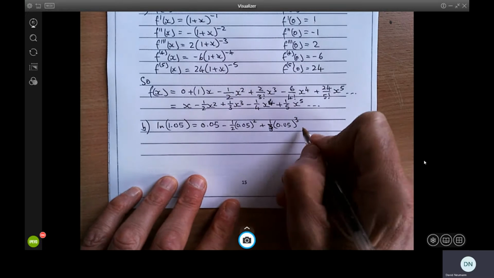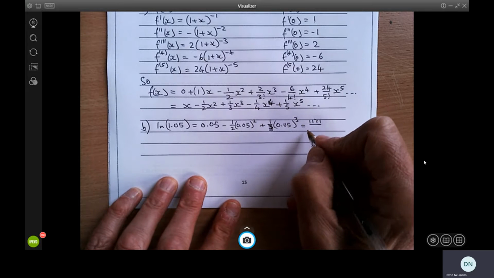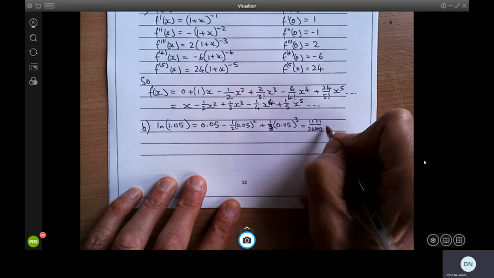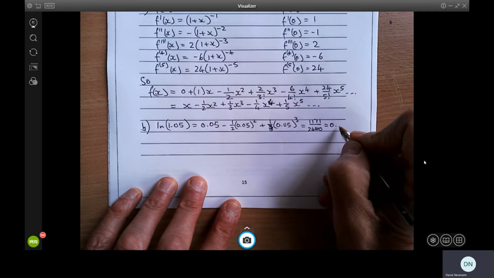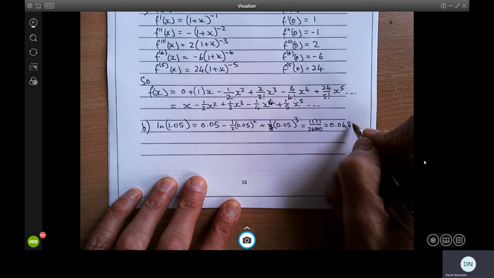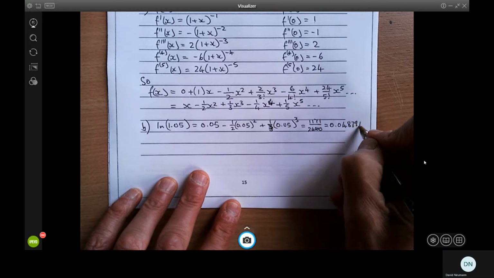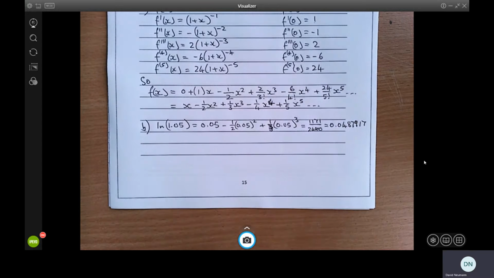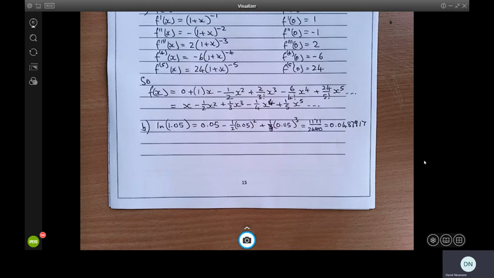And if you put that into your calculator, you get 1171 over 24000, or 0.0487917. So I've gone to 7 decimal places there, or I think it was 6 significant figures.